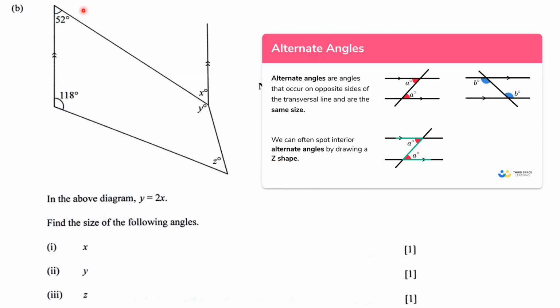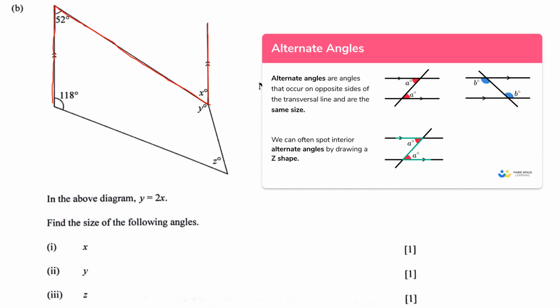So if we look at our diagram, do we see a Z forming anywhere? Well, of course we do, because if we look here, we have this parallel line, right? This line right here is parallel with this line, okay? And then we have a transversal right here. And so if we look carefully, you can see the Z shape.